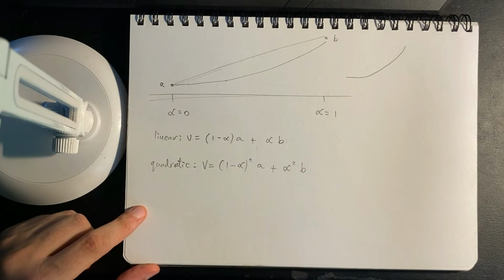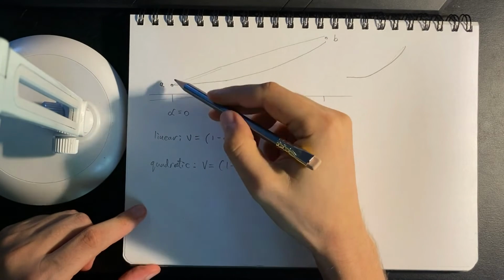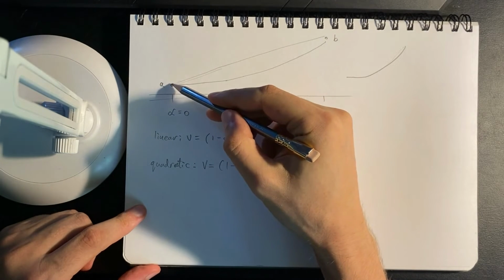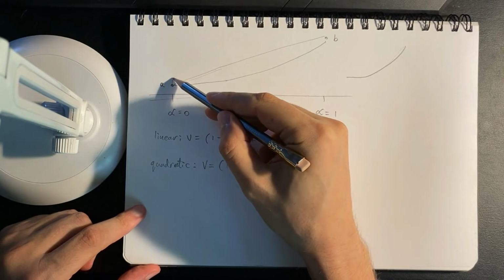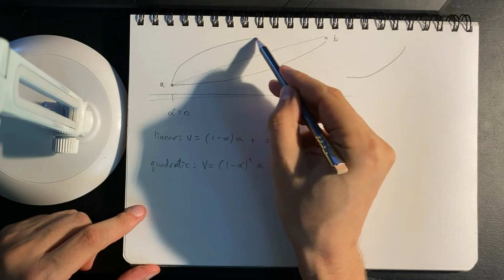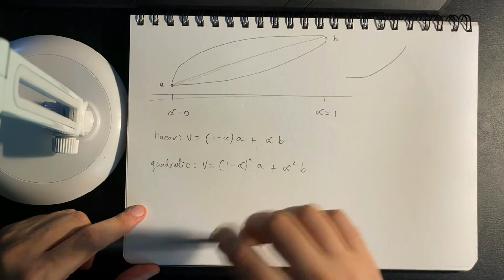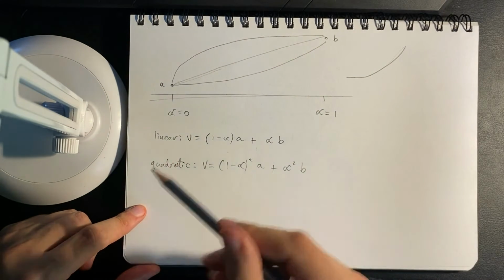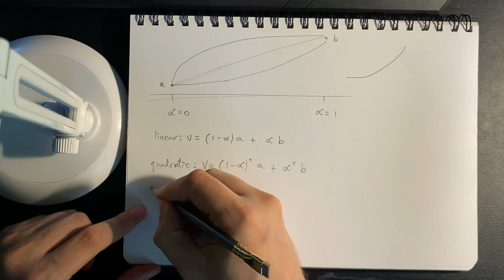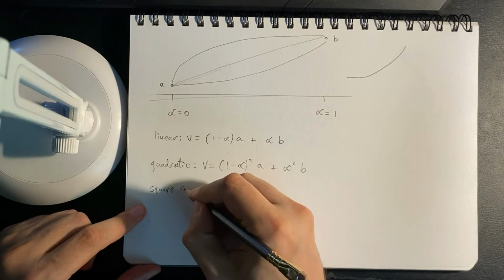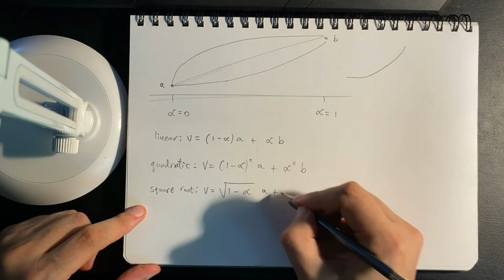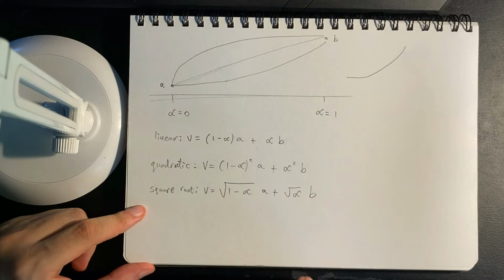Now, the inverse of that is ease-out animation, and this is sort of something like this. We want the interpolation to go very fast and then slow down. So an example of this would be the square root. But I'm just giving canonical examples.